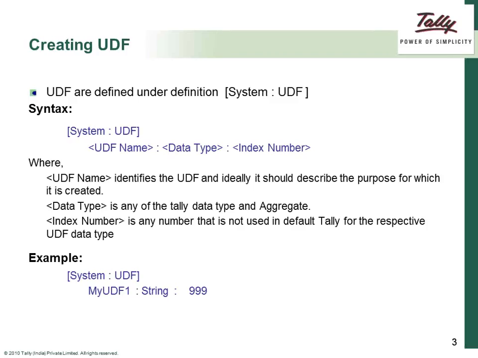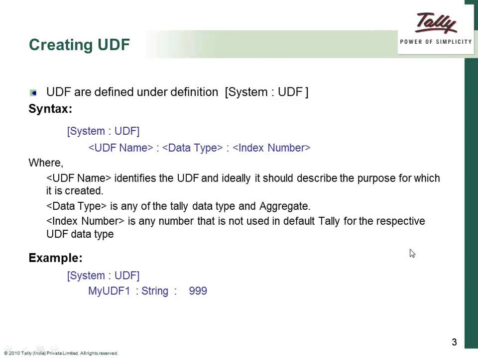So each data type indexing can be from 1 to 9,999 and from 20,001 to 59,999, which leaves you 60,000 total UDF number indexing minus the 10,000 reserved for Tally development, which leaves you with 50,000 index numbering. For each data type, 50,000 index numbers are available for your utility.